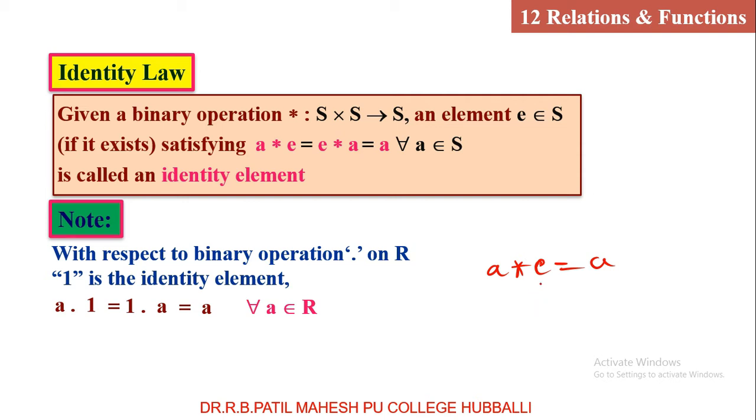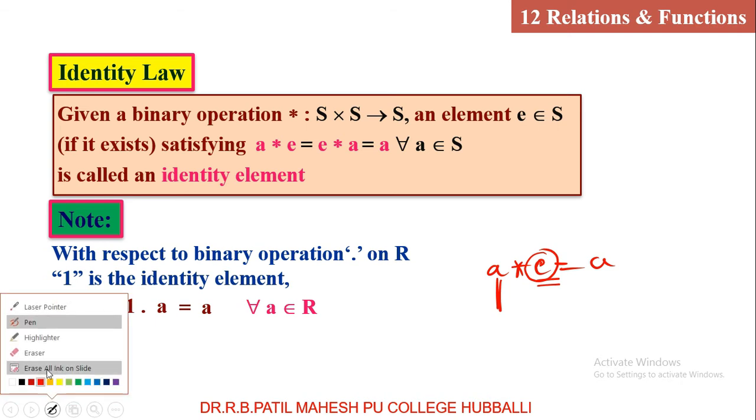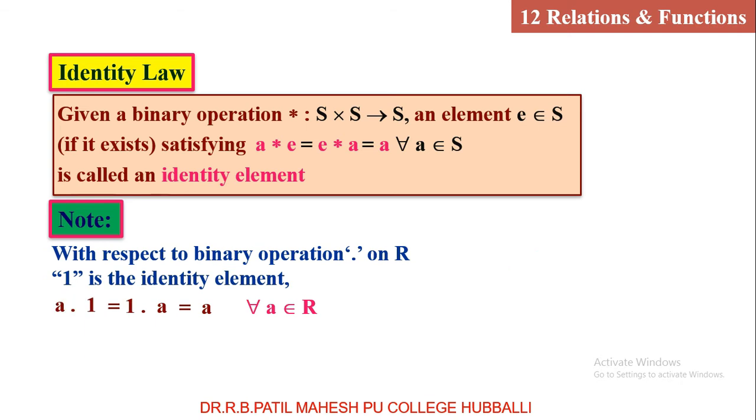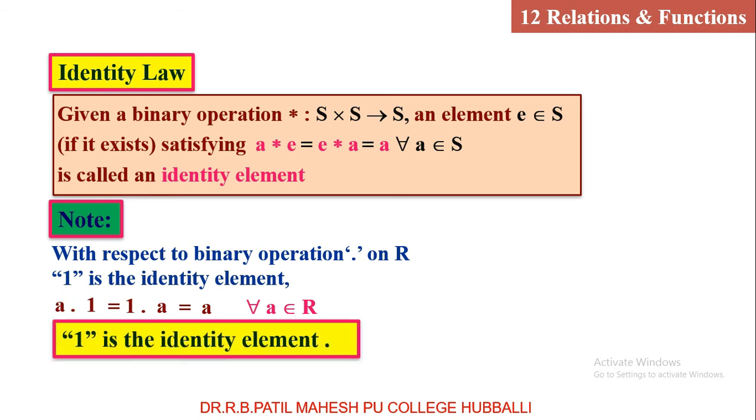In that case this E is not going to be the identity element. Then when will this E be the identity element? Only when E satisfies the condition for all the elements in the set. Then only element E is called the identity element. Therefore, 1 is the identity element for this operation.